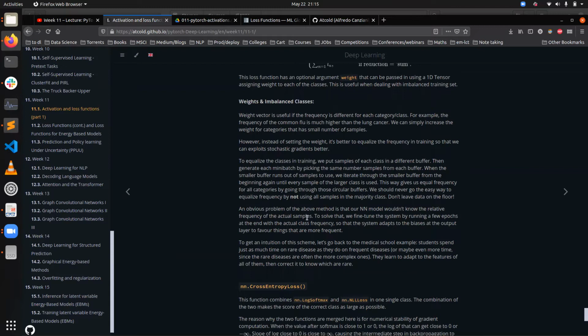The example that he gives is common cold and lung cancer. We know that common cold is much more frequent than lung cancer. But while training, we give equal examples of both. At the end, the neural network should know the relative frequency of the occurrence, I mean, the actual occurrence probability of both. So to do that, what he says is we should fine tune the system again by running a few epochs with the actual class frequency.